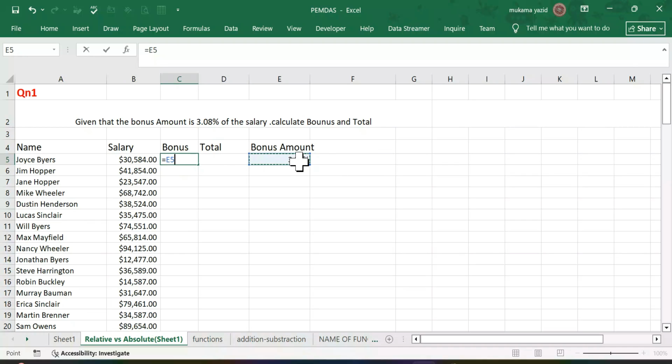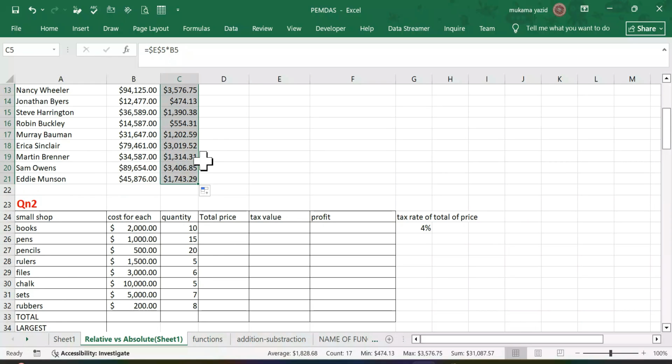We lock this cell because we don't have to move from it, so we must fix it. Then we multiply by the salary, since they said of the salary. Here is our salary, so we press enter and autofill to get the rest of the answers.